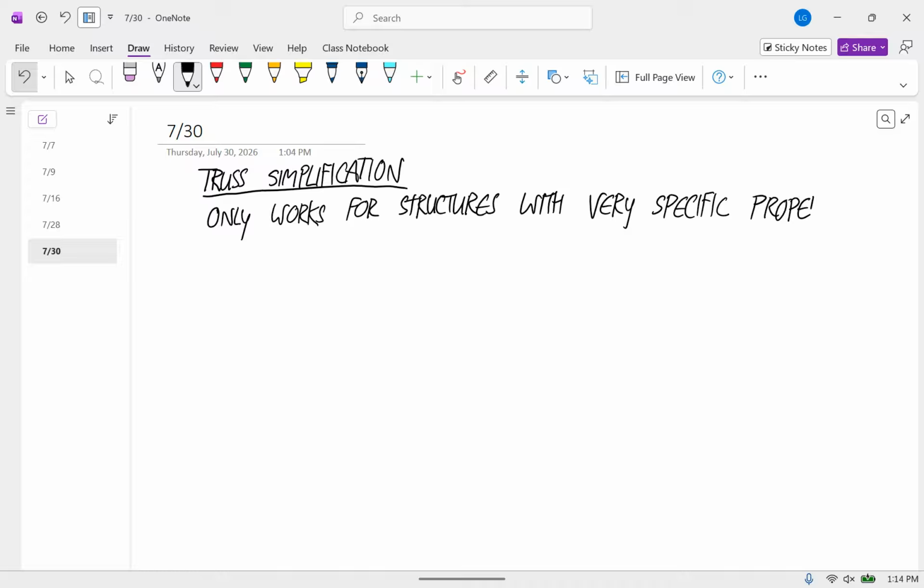I guess we'll call it one very specific property. And that property is that every member is a two-force body.